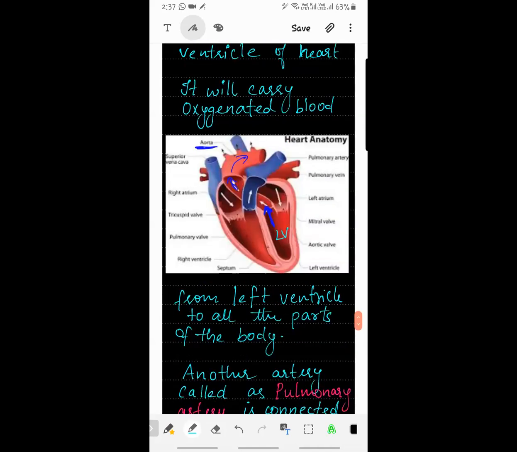See in this picture, this is the right ventricle and this is blue color. You see, this is the pulmonary artery. So the right side carries deoxygenated blood. Right hand side, always remember, the right hand side of the heart will carry deoxygenated blood and the left hand side of the heart will carry oxygenated blood.